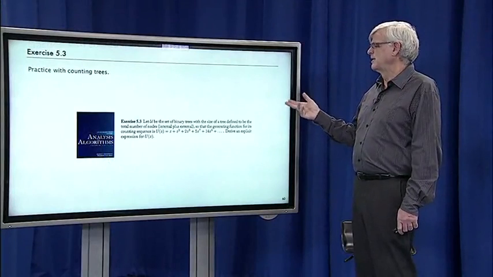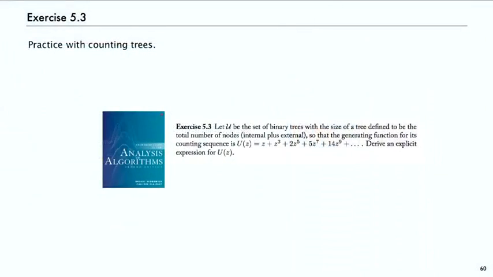Or for trees, and this is again just to go through the steps of analytic combinatorics for problems similar to the ones that we did. So this is binary trees where the size is the total number of nodes, internal and external. So there's always an odd total number of nodes. So get an expression for that.